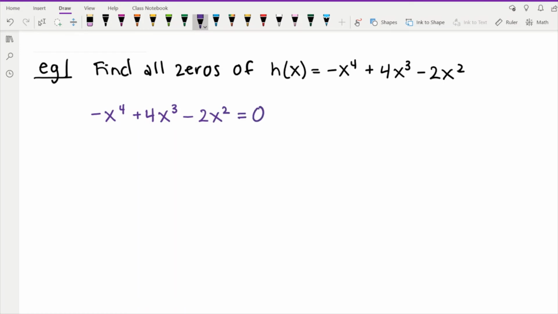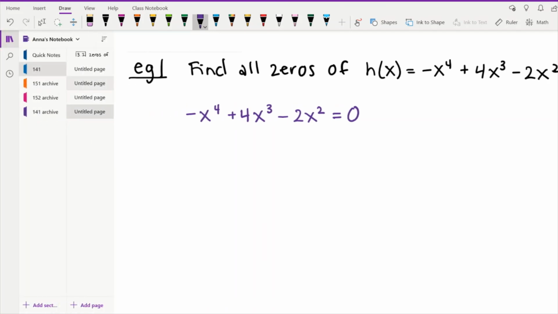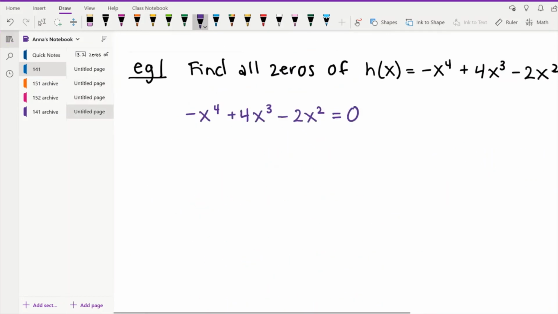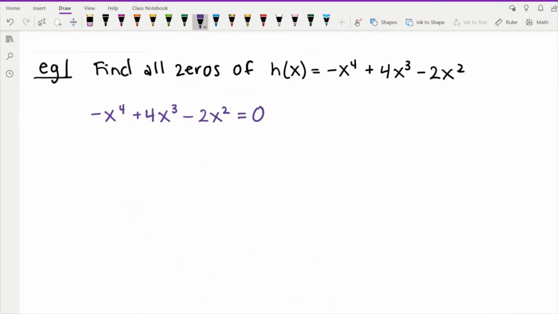Okay, so what can we do first? Well, one of the first things we want to do is try to factor out whatever we can. But remember earlier I mentioned that if your leading coefficient is negative, you can either choose to factor it out. That's what we did in this example. We factored out a negative x. But maybe an easier approach is actually just to divide everything by -1. So if you have a common factor in all of your terms, or if there's just a negative sign you want to get rid of, you can multiply or divide both sides by -1 or whatever you need to do to simplify things.